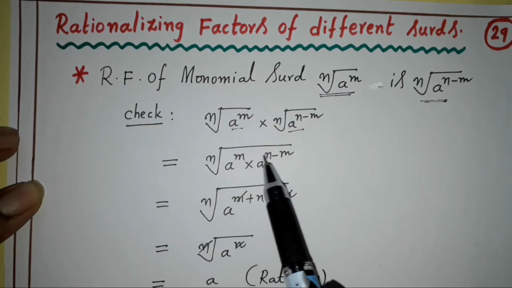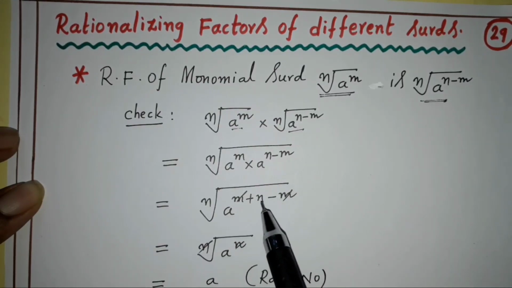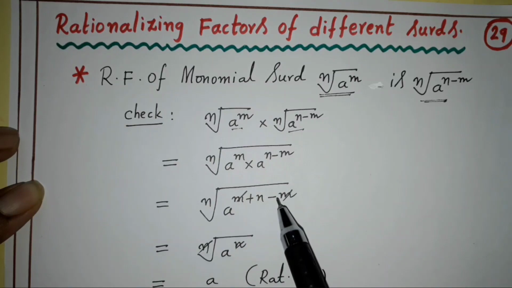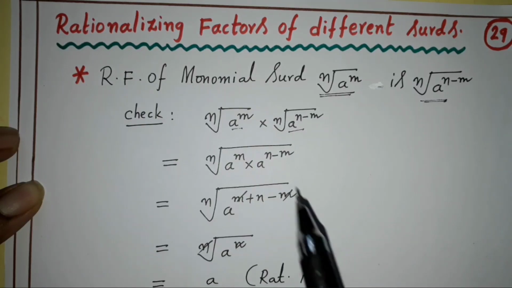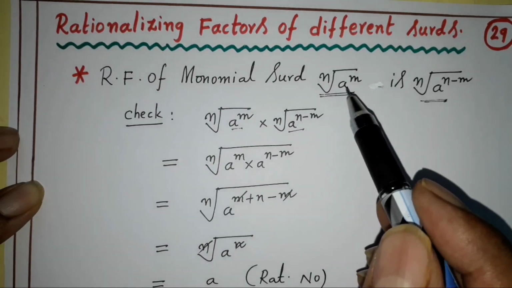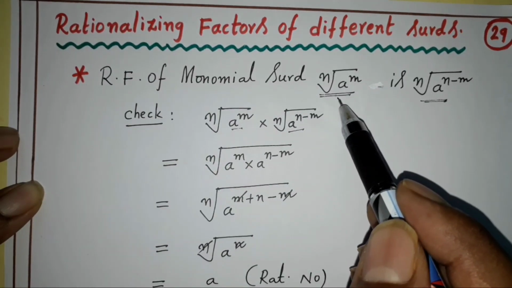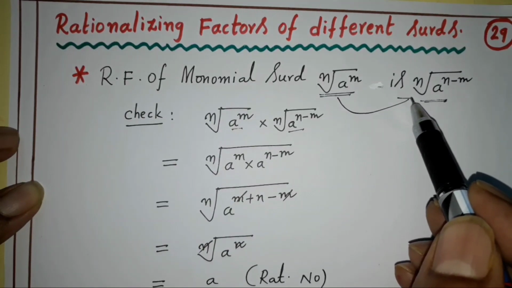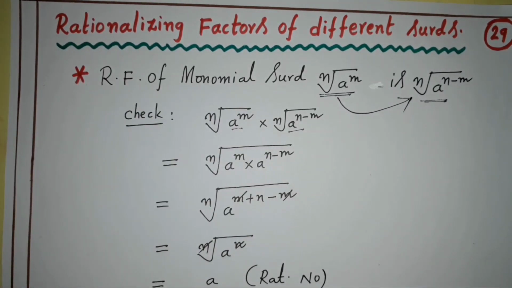These can be added: m plus n minus m, this gets cancelled, a to the power of n. Nth root to power n gets cancelled, which is equal to a, which is a rational number. So their product is a rational number. So obviously the rationalizing factor is nth root a power n minus m.